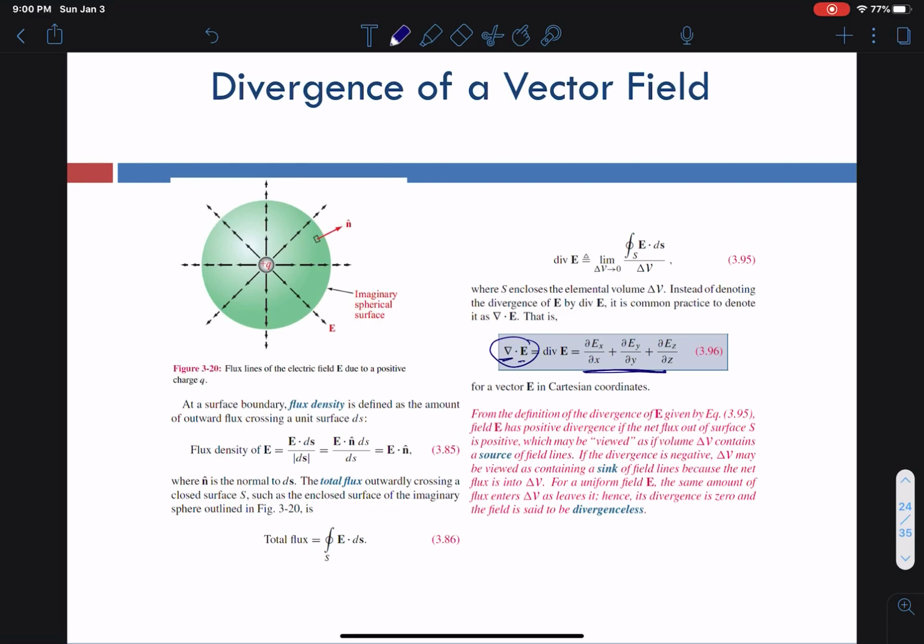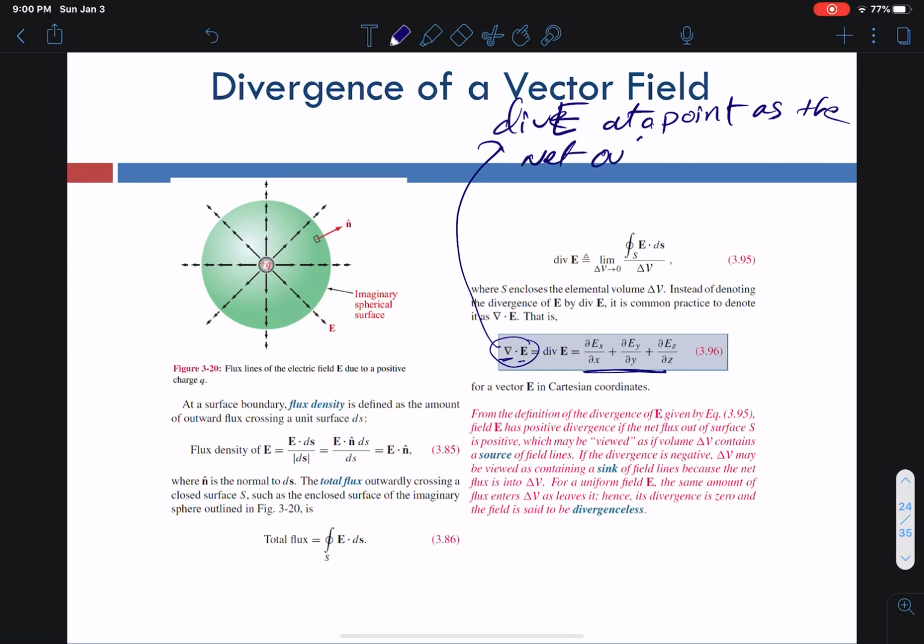Divergence of E at a point is the net outward flux, in this case electric flux, per unit volume.